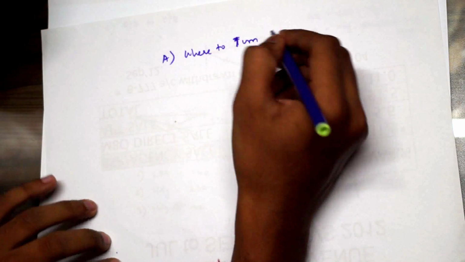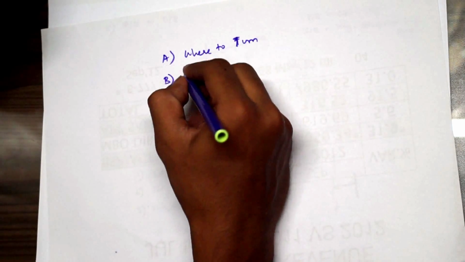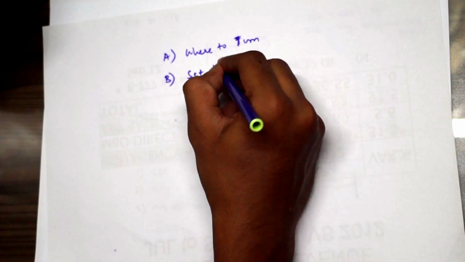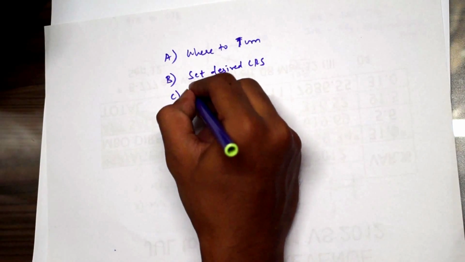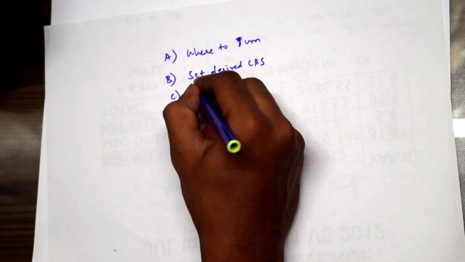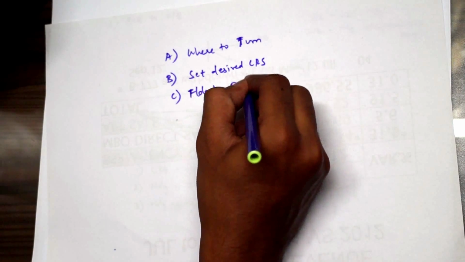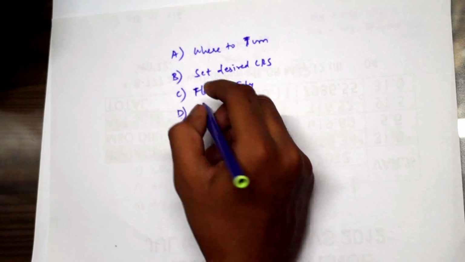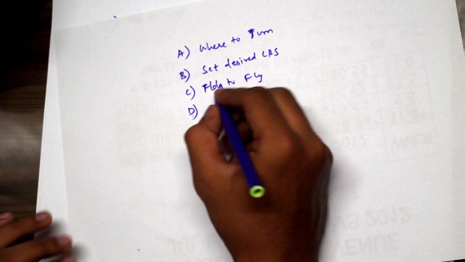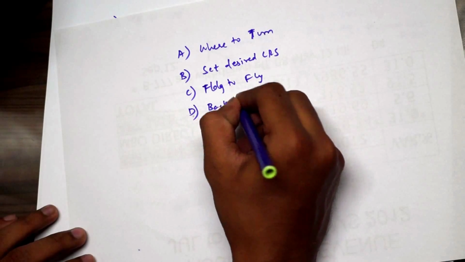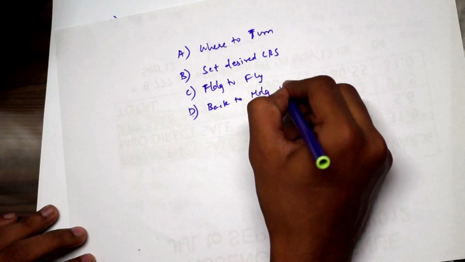This is the important part. Step 2, set desired course. Step 3, heading to fly. Step 4 is come back onto the heading of course.